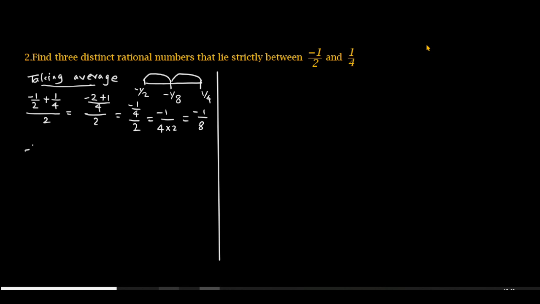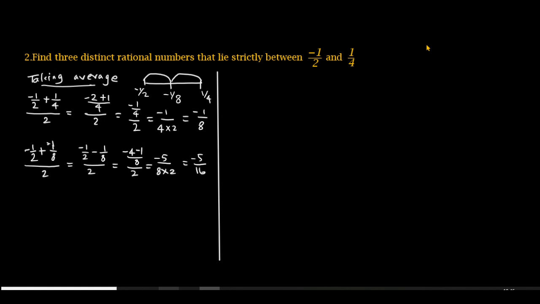So the average of minus 1 by 2 and minus 1 by 8 is minus 1 by 2 minus 1 by 8 divided by 2. Again the LCM is 8, so 4 twos are 8, and 4 minus 1 by 8 by 2 is equal to minus 5 by 8 into 1 by 2, which is minus 5 by 16.